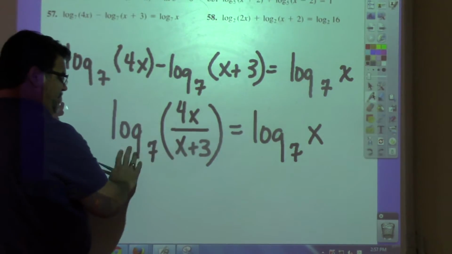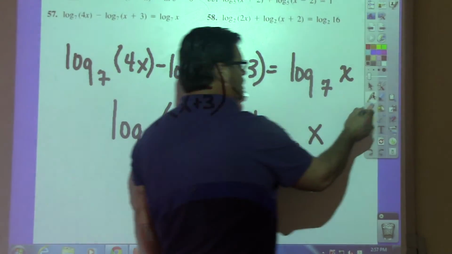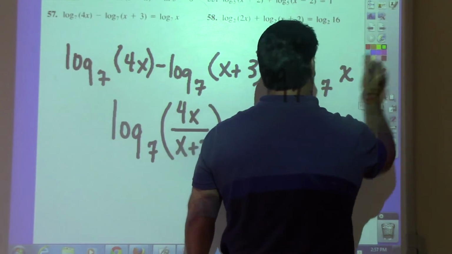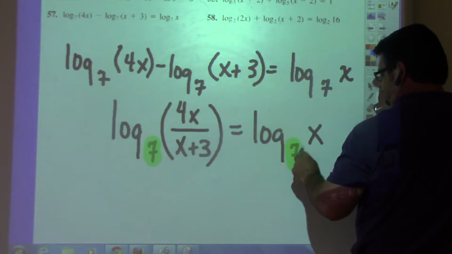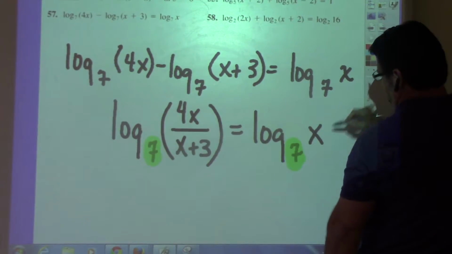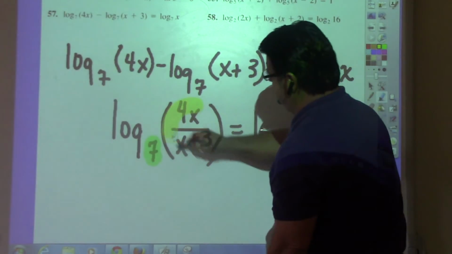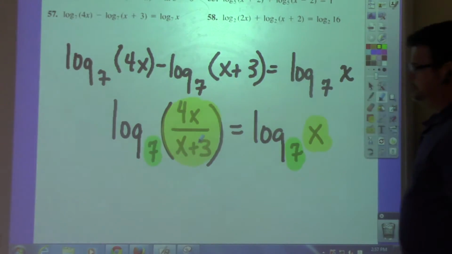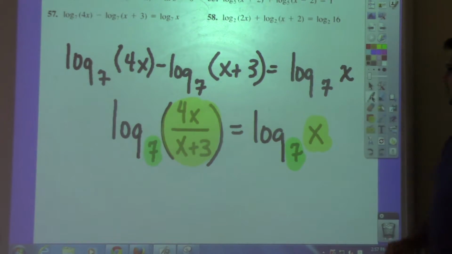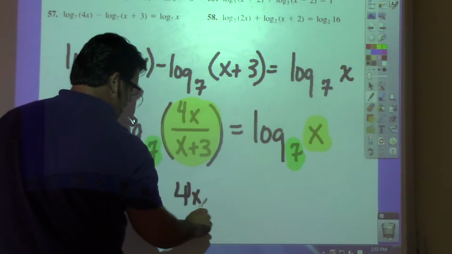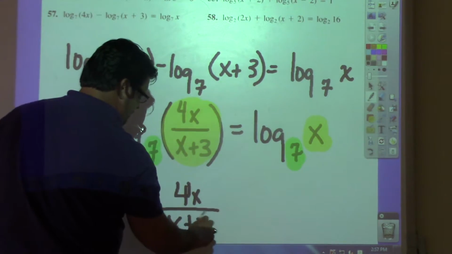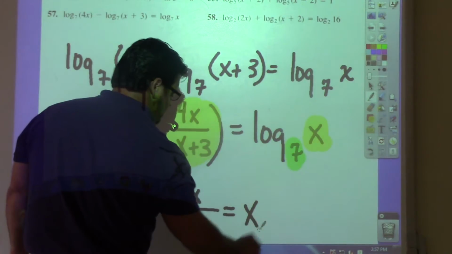But if you have the same base on both sides of the equal sign, then this guy is equal to this guy. So that's going to be 4x over x plus 3 is equal to x.